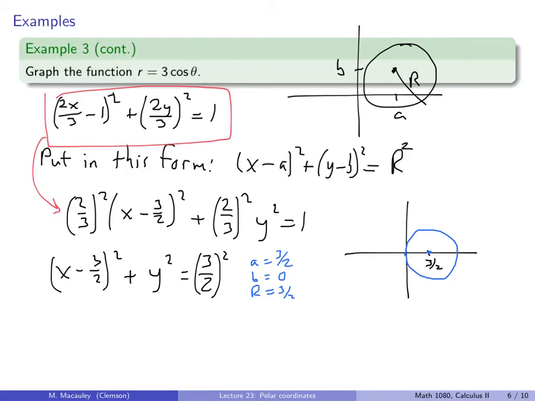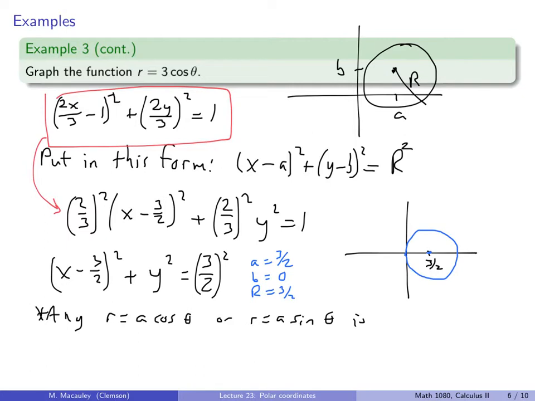And let me just say something more general. Any r equals a cosine of theta function, or r equals a sine of theta: anytime you have an equation like this or an equation like that, you can do the same steps.